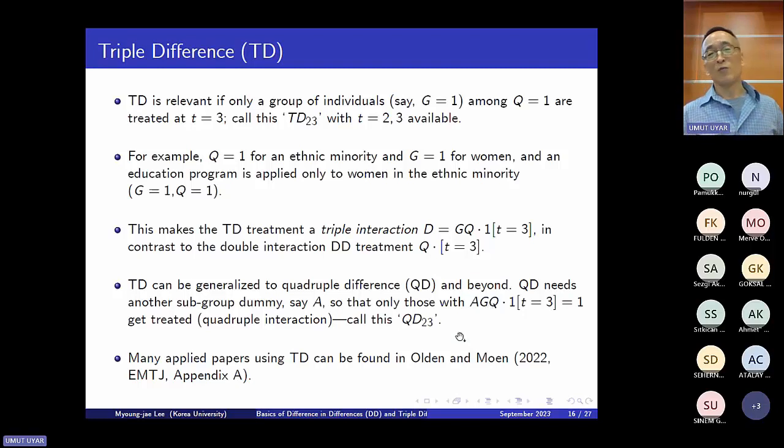Maybe you have to be female, your income has to be below a certain level, or maybe you have to reside in a certain region, and so on. I thought applications of triple difference were relatively rare, but when I looked up this paper in the Econometrics Journal Appendix, I was actually surprised there are so many applied papers for triple differences.